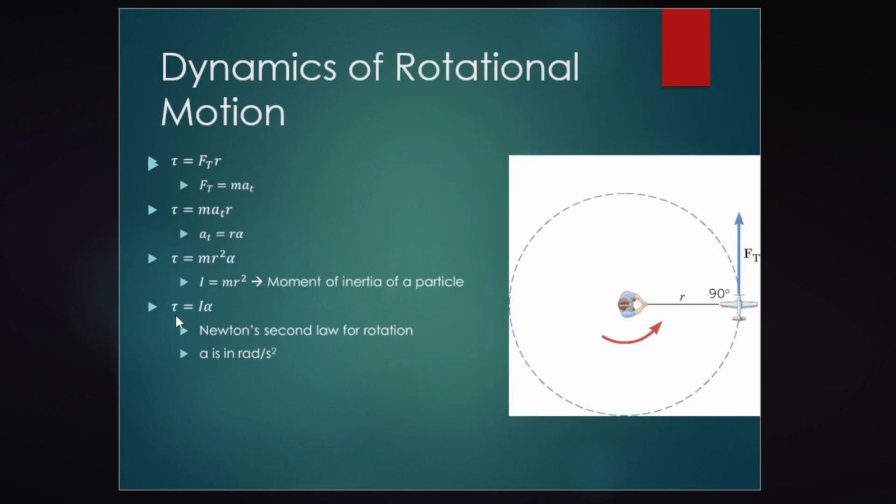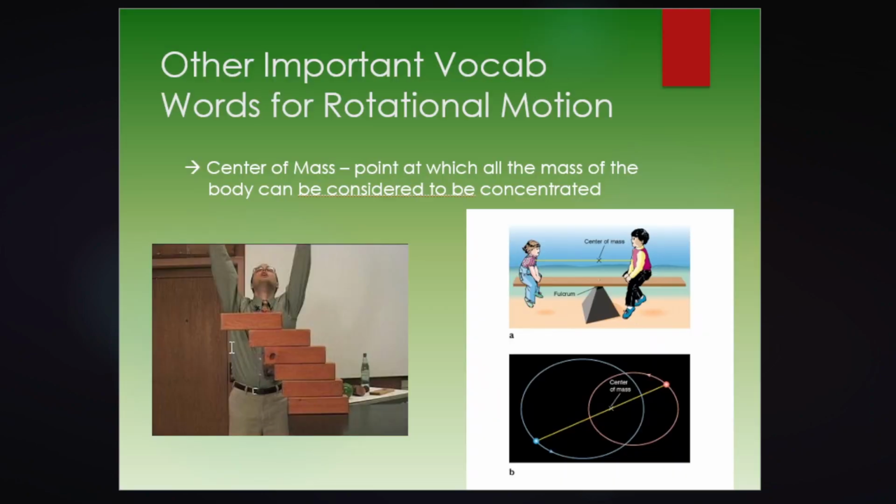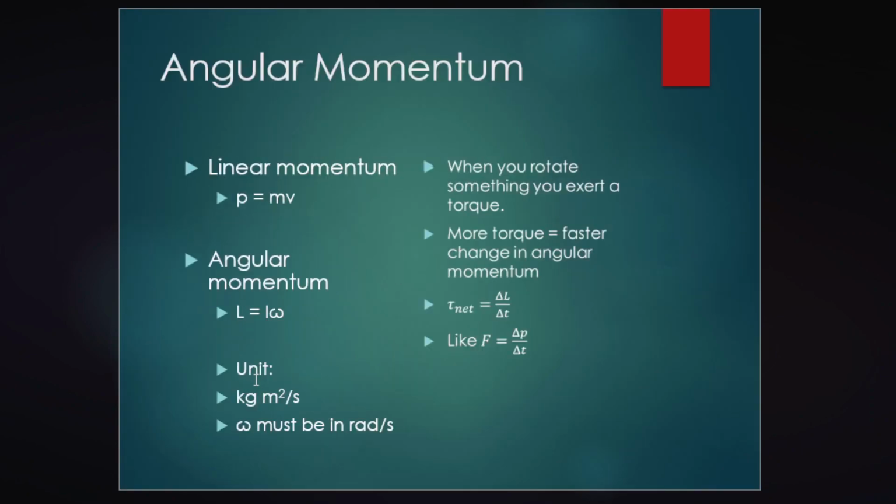Let's go back to here. There we go. So if you increase your moment of inertia, we know the angular momentum stays constant, so your omega will get smaller.